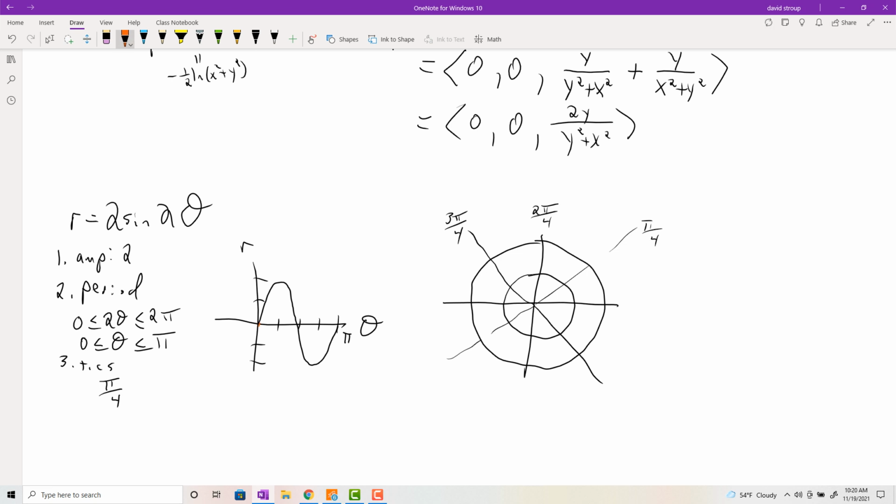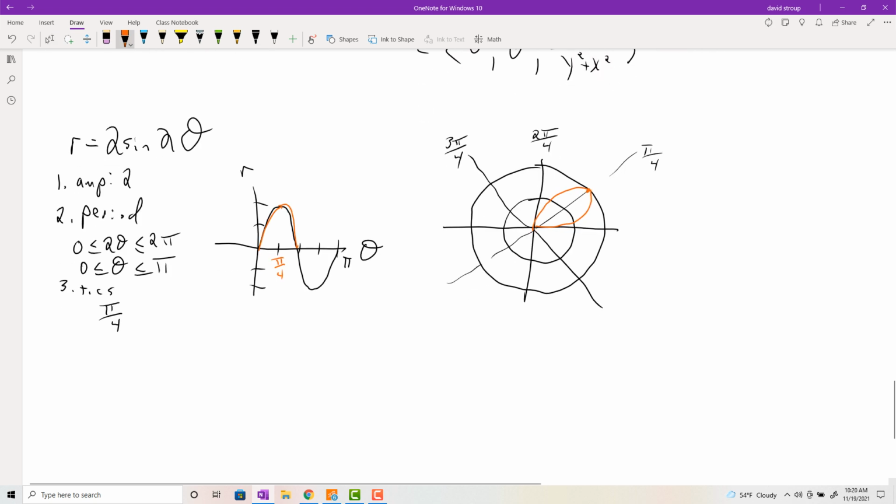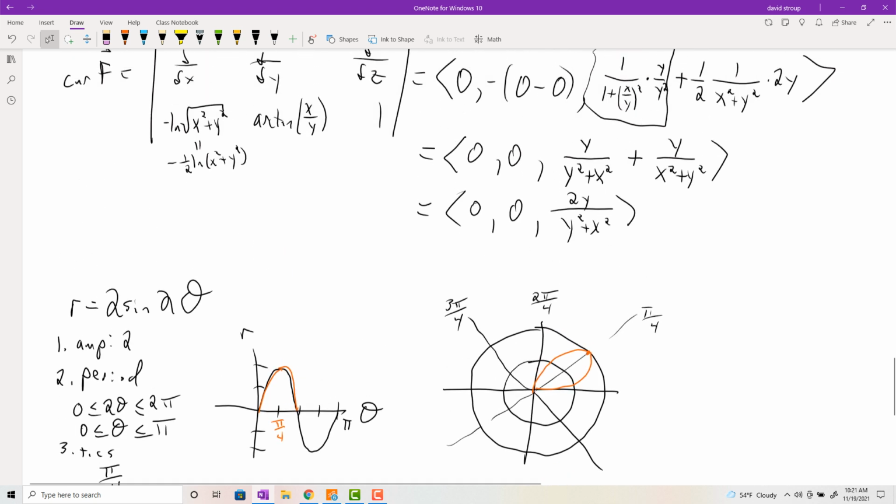So the first part of the curve goes from 0 to 2, and then we'll be at pi over 4, right? So it's going to increase from 0 to 2 at pi over 4. And then from pi over 4 to pi over 2, it decreases back to 0. Okay, and that's really the only part of the flower we need. That's what we're integrating over. So we have one full flower petal going from 0 to pi over 2. It's really all the information we need from that.